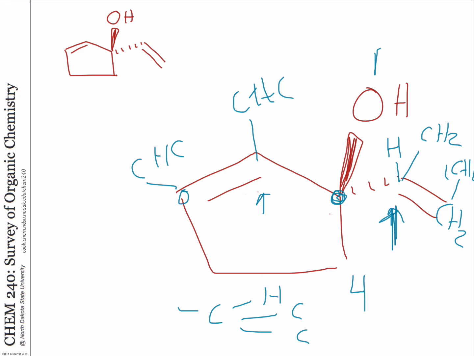This is a little bit more tricky. Oh, sorry, that one's bonded to 2 carbons. CHCC, because it's also bonded here. Okay, so this carbon now is attached to a CHCC.